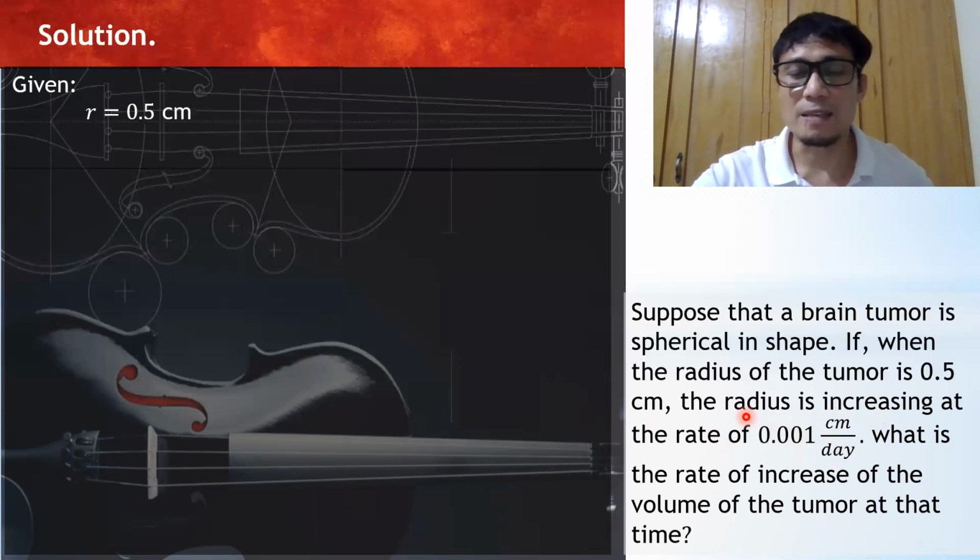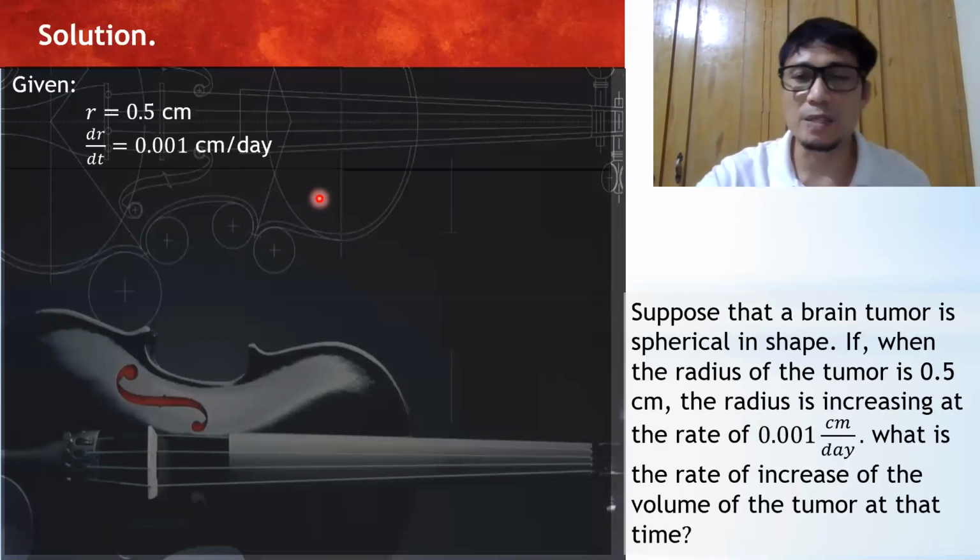And this is actually denoted by the derivative of the radius with respect to time. So we denote that by dr/dt, which is equal to 0.001 centimeter per day.